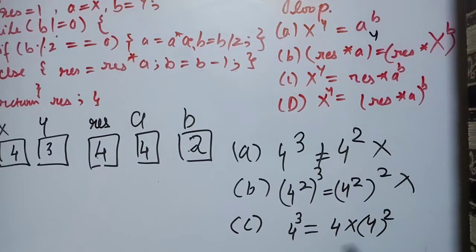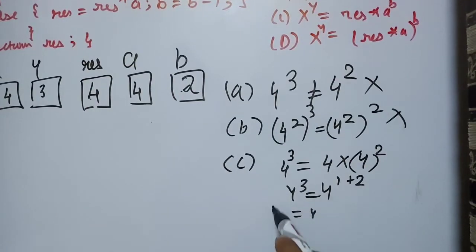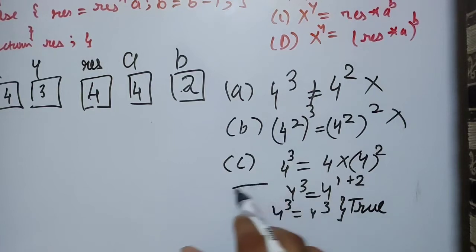So is this equal? Yes, as we know that 4 cube is equal to 4 to the power 1 plus 2. Okay, 4 cube equals 4 cube, so true, hence this option is correct.